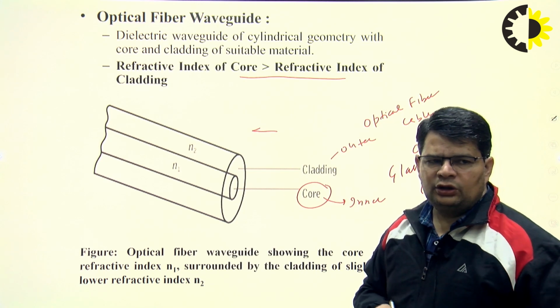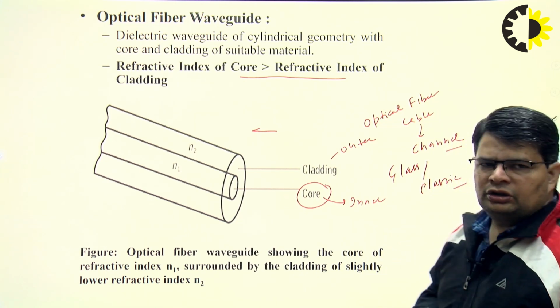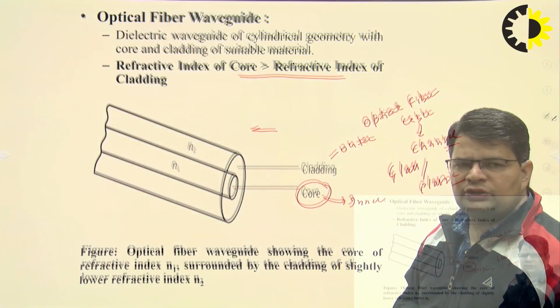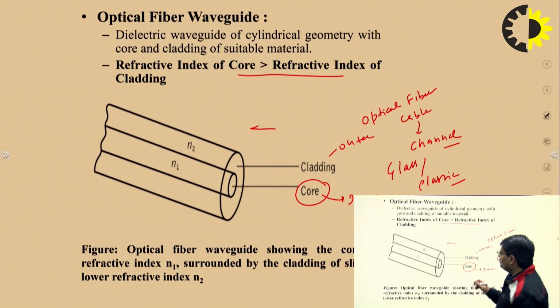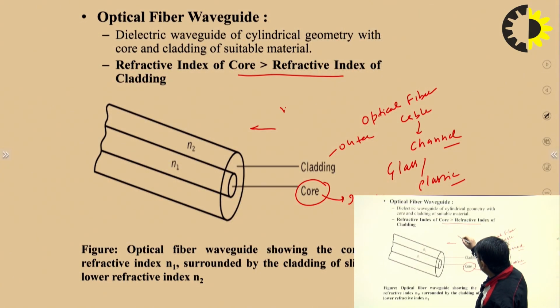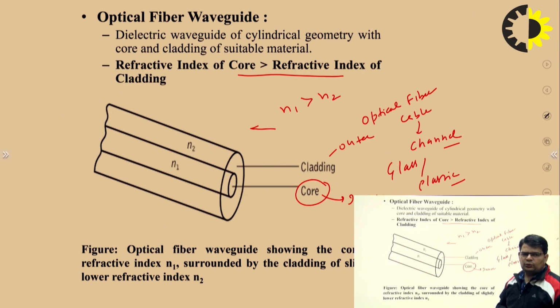And in the optical fiber structure, to ensure the propagation of light through the fiber, we ensure that the refractive index of core, that is N1, should always be greater than the refractive index of the cladding, that is N2.